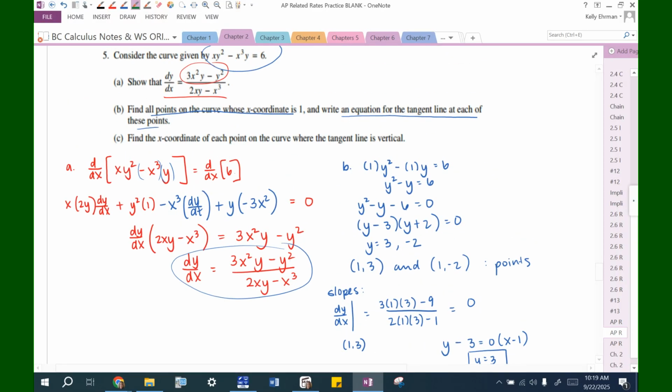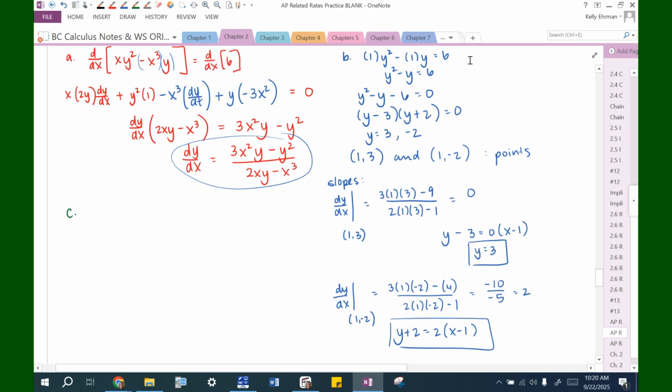All right, on part C, find the x coordinate of each point on the curve where the tangent line is vertical. So the tangent line is vertical when dy dx is equal to no solution. So that's when 2xy minus x cubed, the denominator, is equal to 0. I'm going to factor this. Now this is tricky.